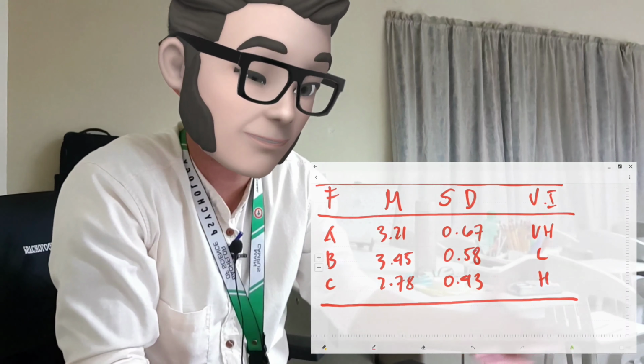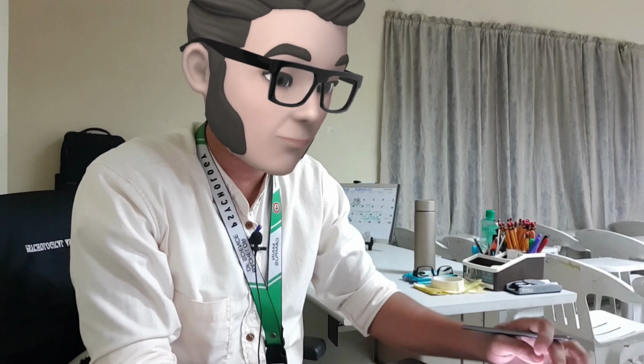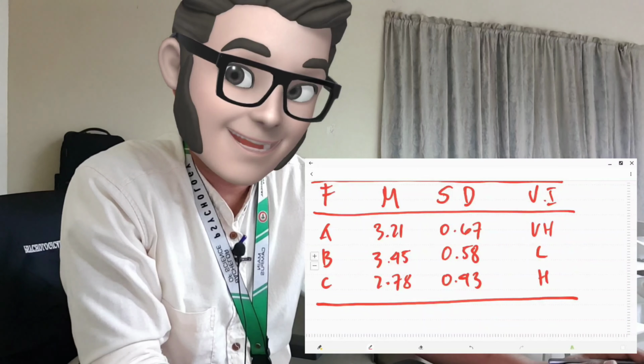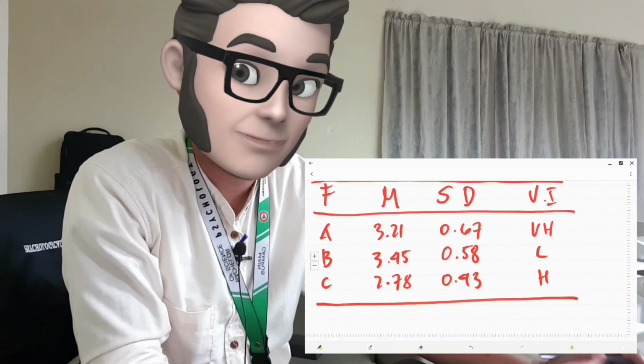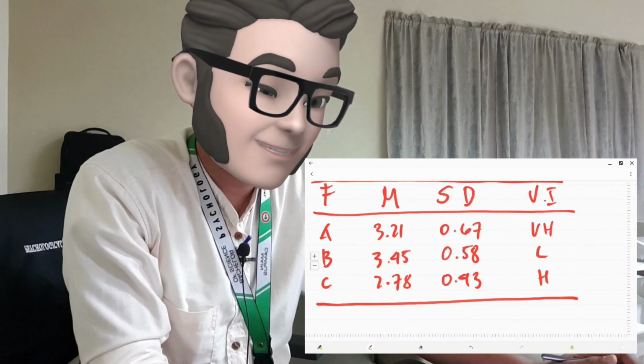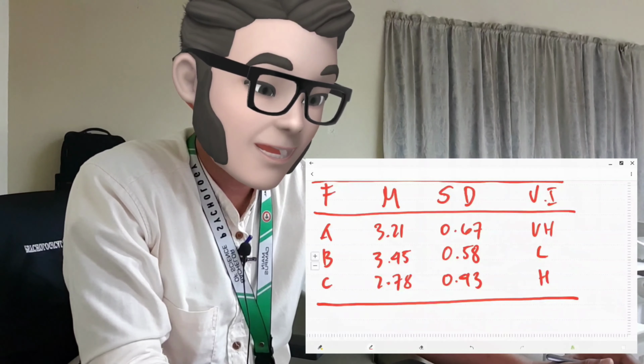Remember, these are just sample tables. Then you proceed to the lowest score. The lowest score on this mock table is factor C. So we can say the factor with the lowest score is factor C with a mean of 2.78, a standard deviation of 0.43, and a verbal interpretation of high. Again, remember, these are just mock tables, just to show you how you should write your paragraphs.